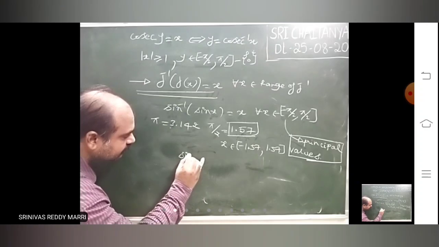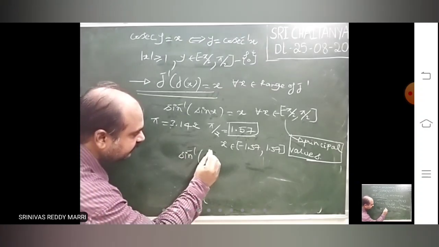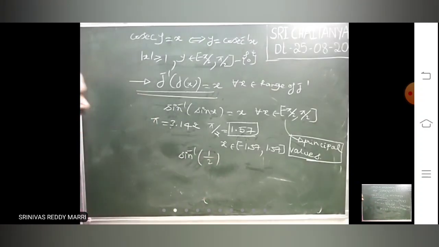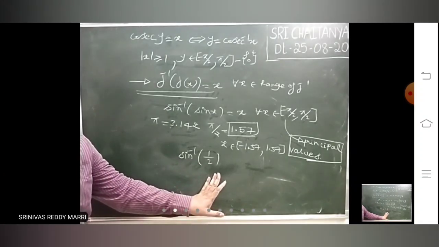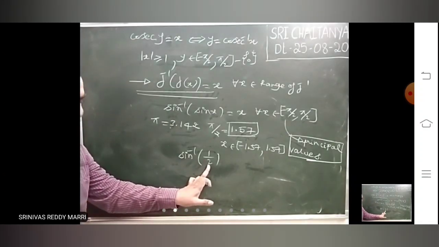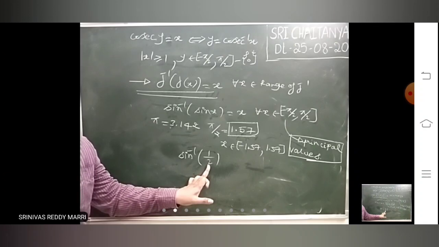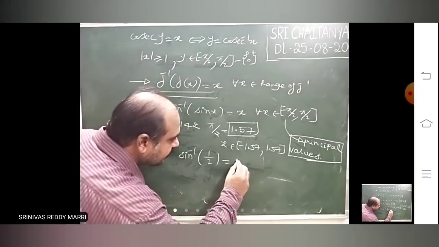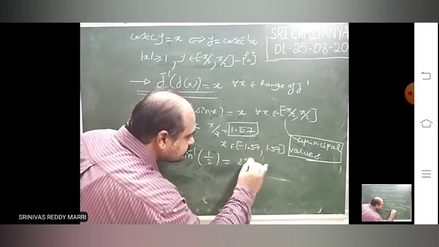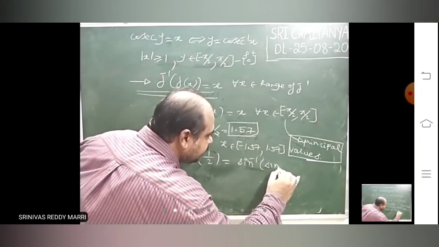Suppose look at sine inverse 1 by 2. Now you can easily do it. Sine inverse is there; inside you write sine of angle. So 1 by 2 you know. Sine inverse sine pi by 6.